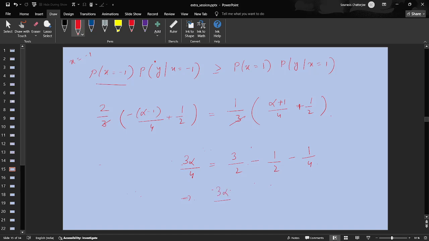So it's 3 alpha over 4 as 3 over 4. So alpha comes out to be 1.